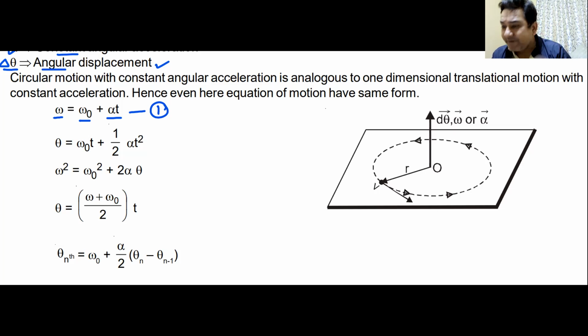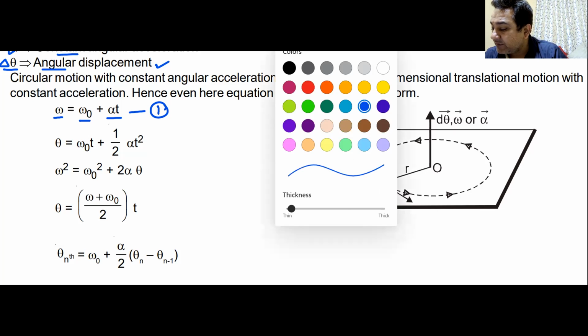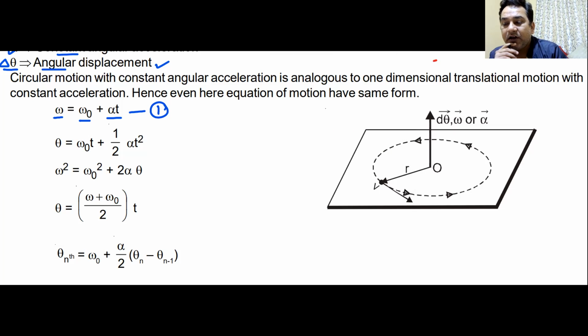Can you tell me, have we seen this equation before, and in what form? Yes, Neha, that is correct. v is equal to u plus at. V was final velocity, u was initial velocity, a was acceleration, and t was time. This is equation number one from your motion in 1D or 2D.